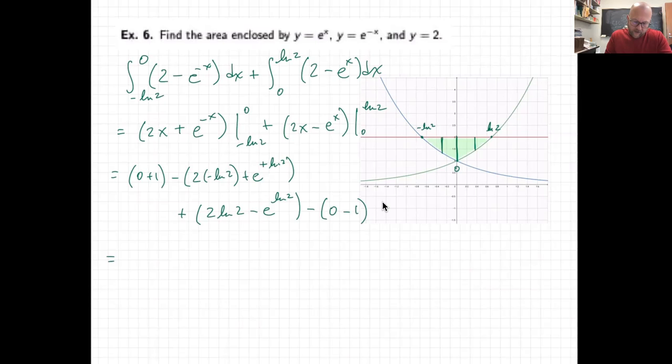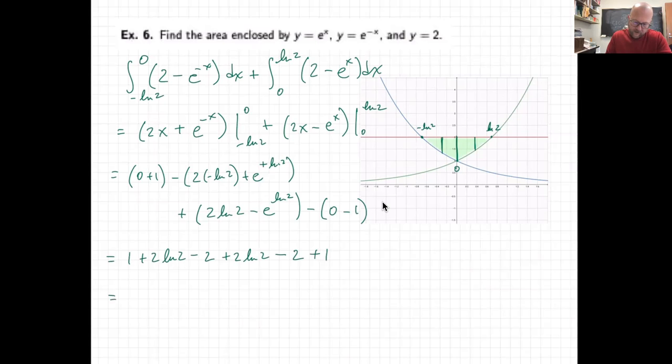So simplifying, we would have 1 plus 2 log 2 plus, no, sorry, minus e to the ln2 is just 2, and then plus 2 ln2, and minus e to the ln2, well, that would just be 2, and then minus a -1.